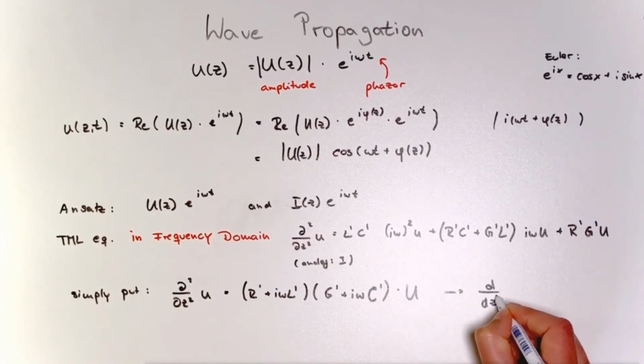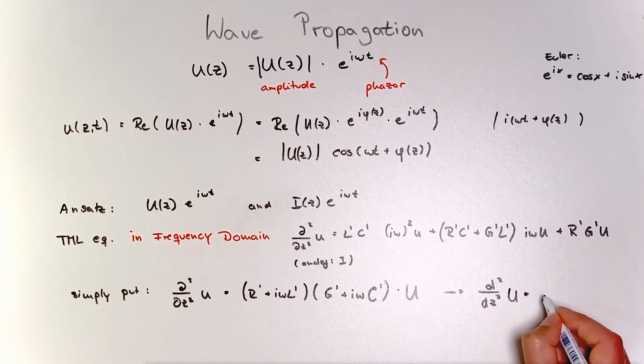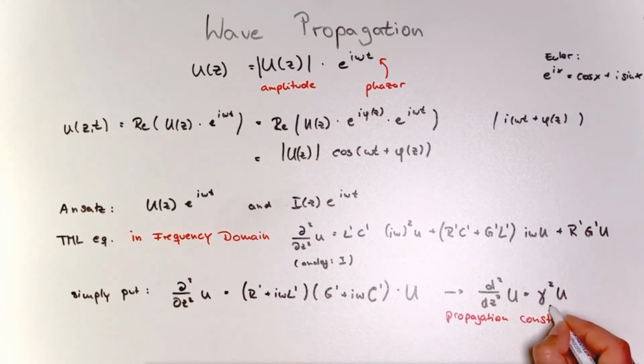We will take the whole part in front of the U and call that gamma squared. So this is just a naming convention, but the way we put that now, we can call that the propagation constant, because you see that it summarizes how the wave is propagating within one term. Okay, propagation constant, I write that down here.